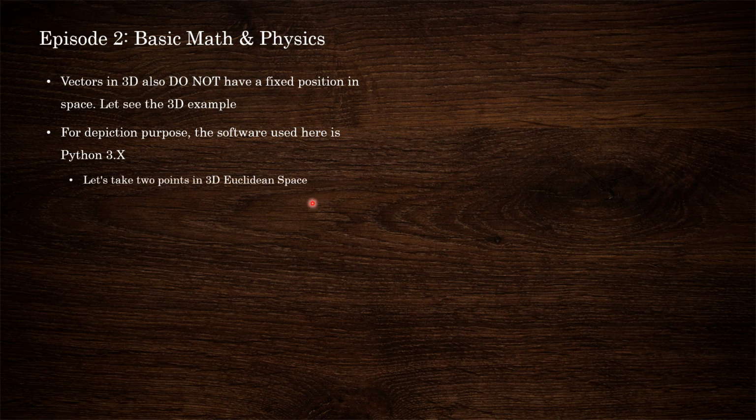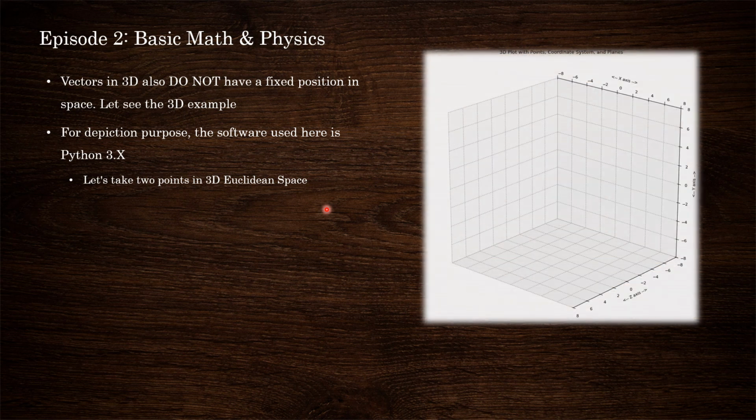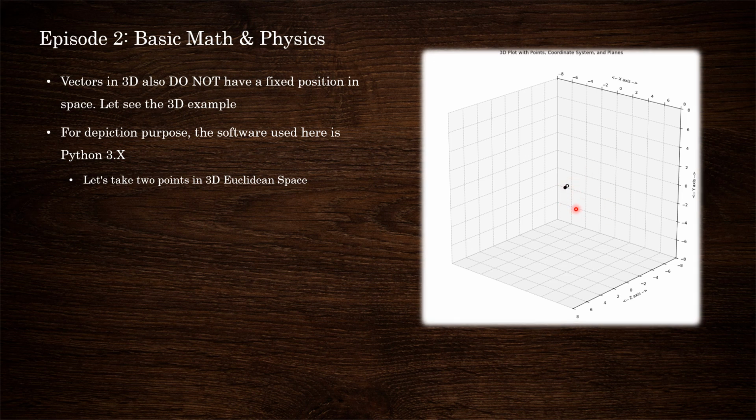So let's take 2 points in the 3D Euclidean space. Let's actually do it differently. First, let's bring in a Euclidean space. So that's a Euclidean space where let's call the origin first. Let's call that point 0. Let's bring in the axes.